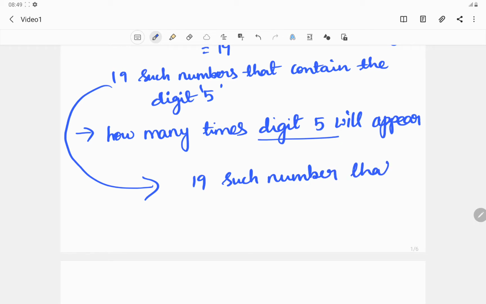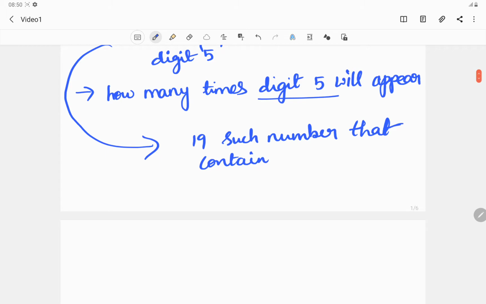There are 19 such numbers that contain 5. So digit 5 will definitely appear in 19 numbers.